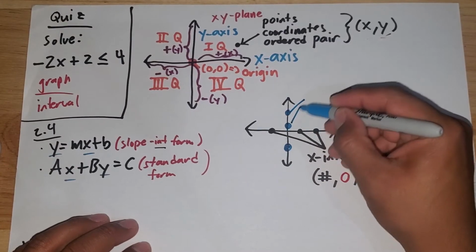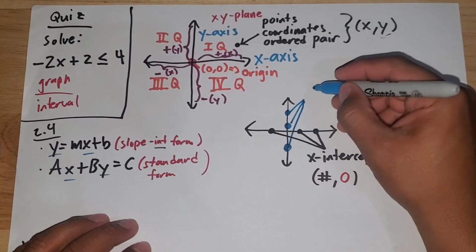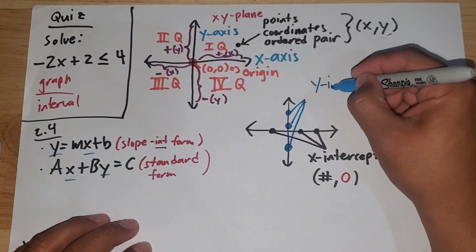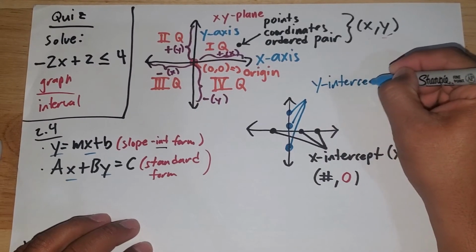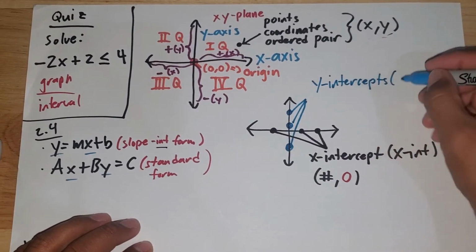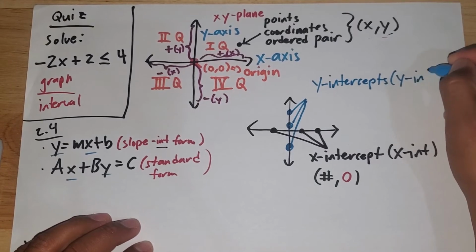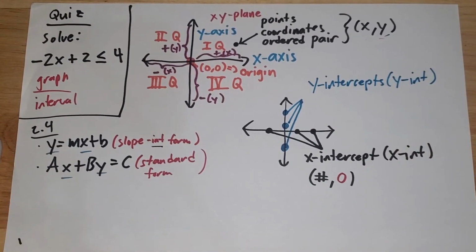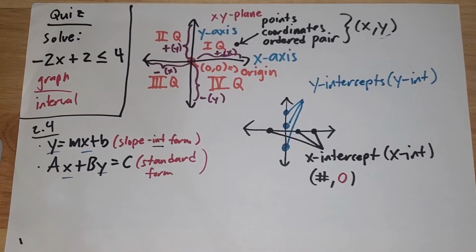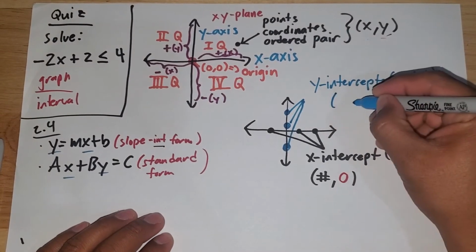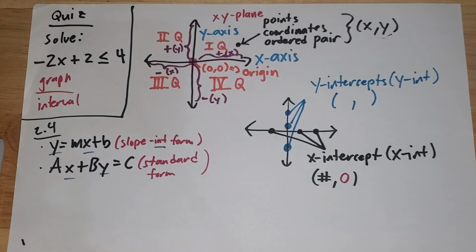So these are known as y-intercepts. And again, for short, y-int. And just like the x-intercepts, there's something that all these y-intercepts have in common.